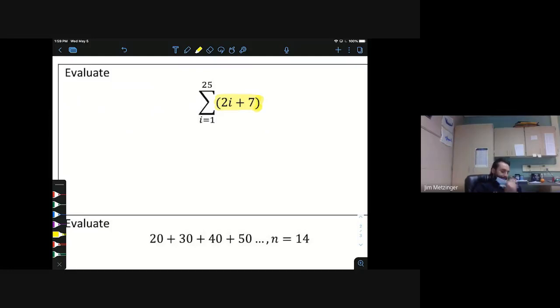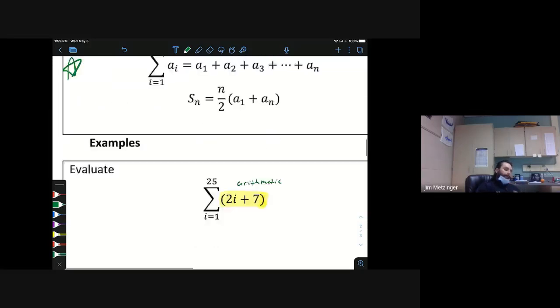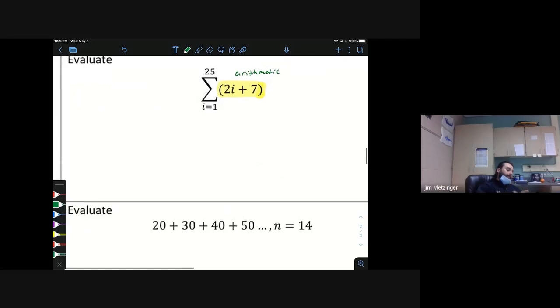2i plus 7. That's a linear equation. Linear equations are arithmetic. And so for arithmetic series sums, we have that formula right above us, which is n over 2 times a1 plus an. That's how I find the sum.